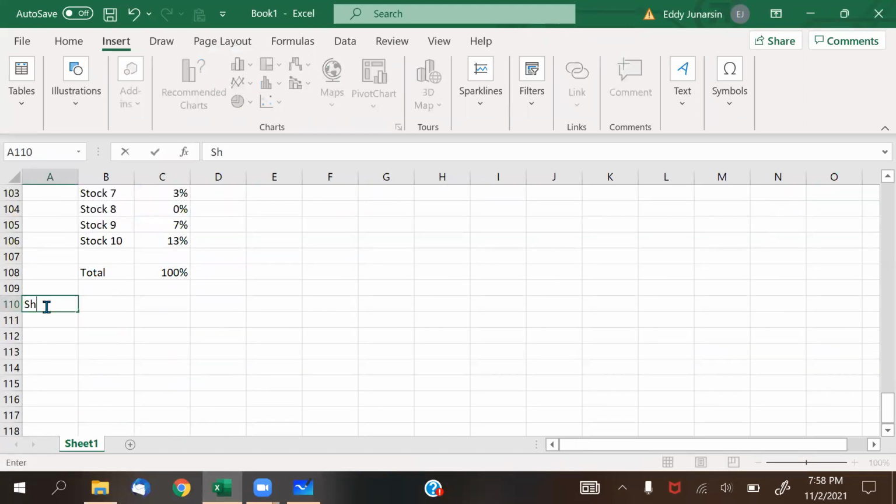So we do it with Sharpe, okay? And we want to determine the capital allocation line or capital market line. As usual, we want to know the risk of the portfolio, of course, and expected return on the portfolio.